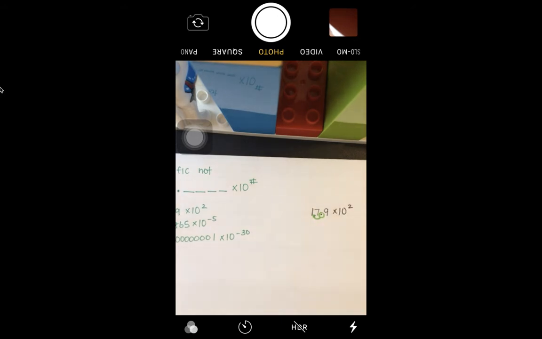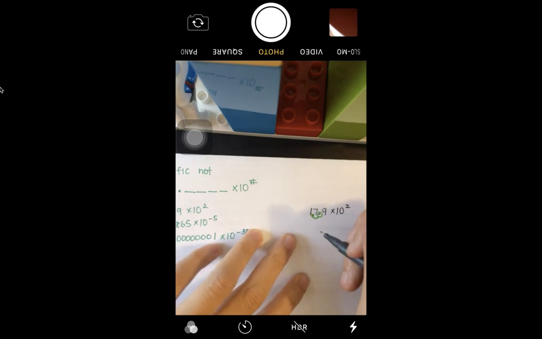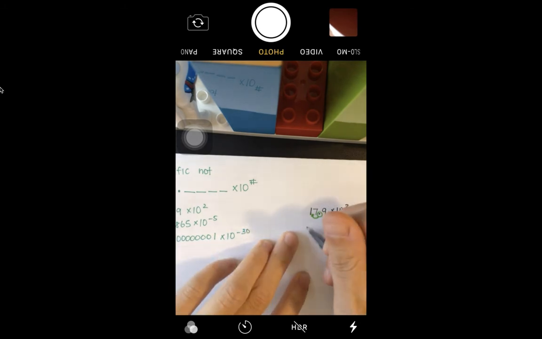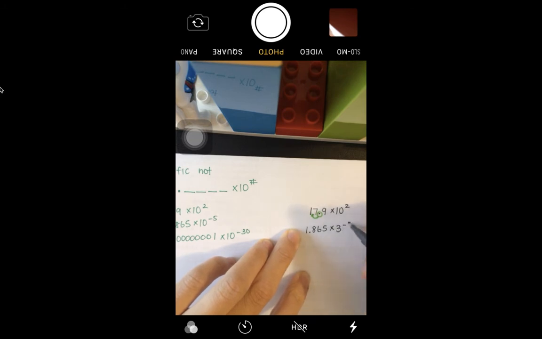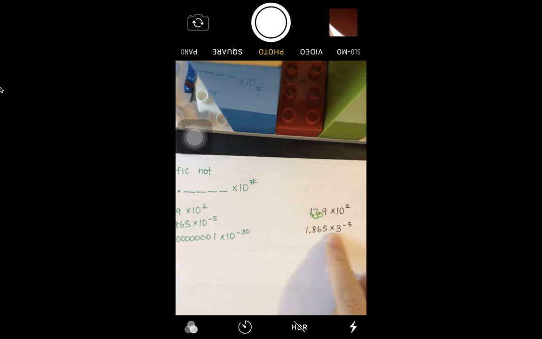Okay, one more then. Why is this one not in scientific notation? What if I had like 1.865 times 3 to the negative 5th? Why is this one not considered scientific notation? Close, close, but no cigar.